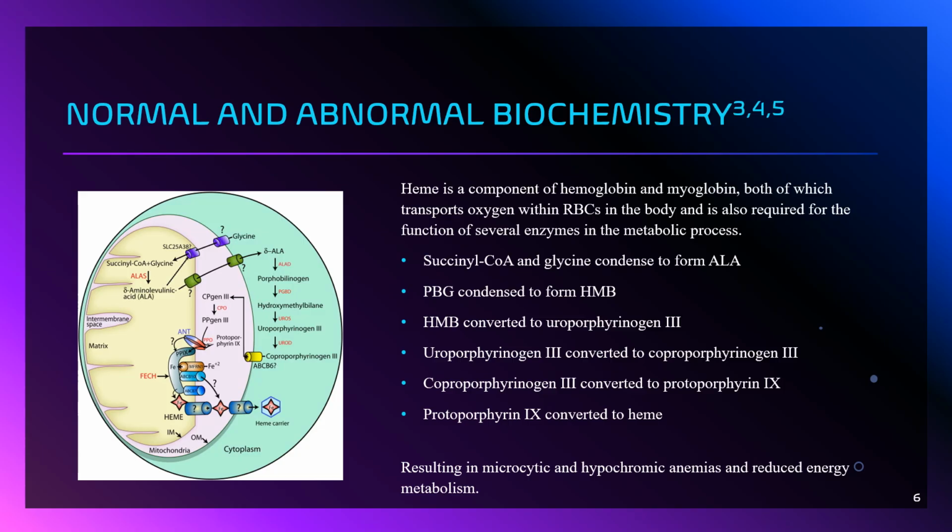Normal and abnormal biochemistry. For the normal biochemistry, we look at heme synthesis as a biochemical process that occurs primarily within the mitochondria, starting with the condensation of glycine and succinyl-CoA by the first rate-limiting step, utilizing 5-aminolevulinic acid synthase, which is ALAS, and this forms 5-aminolevulinic acid, ALA.